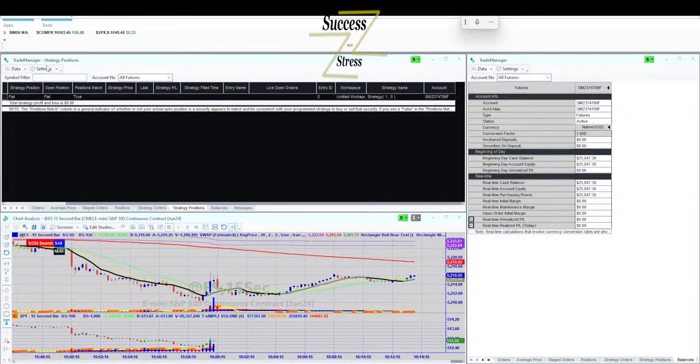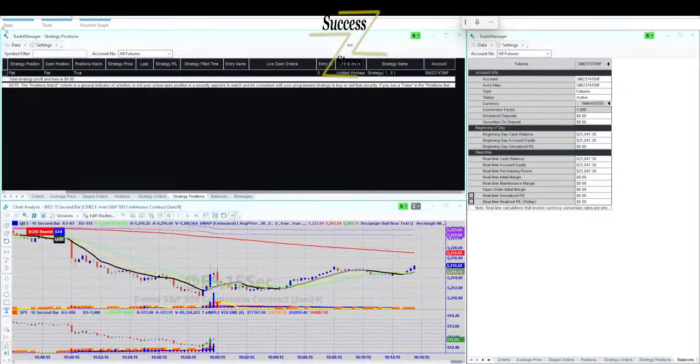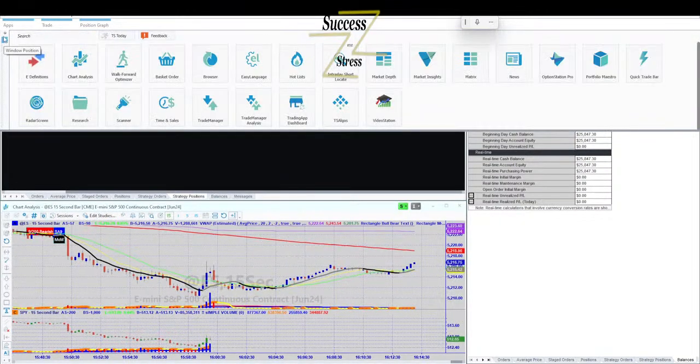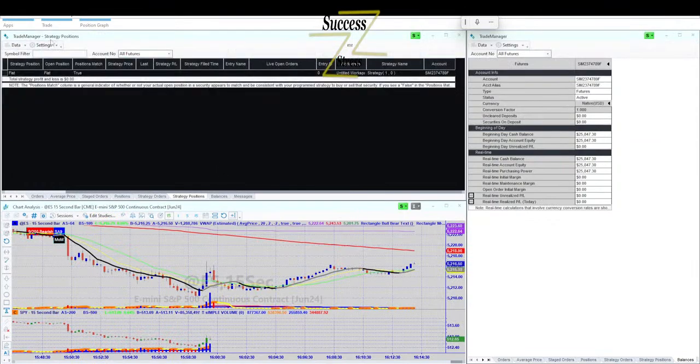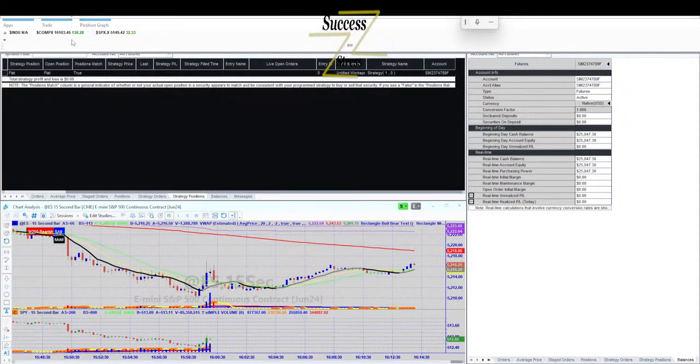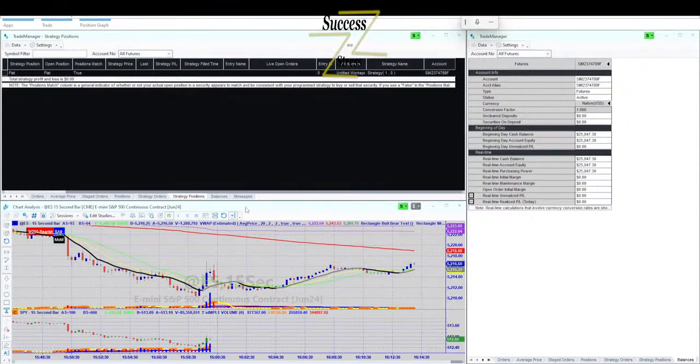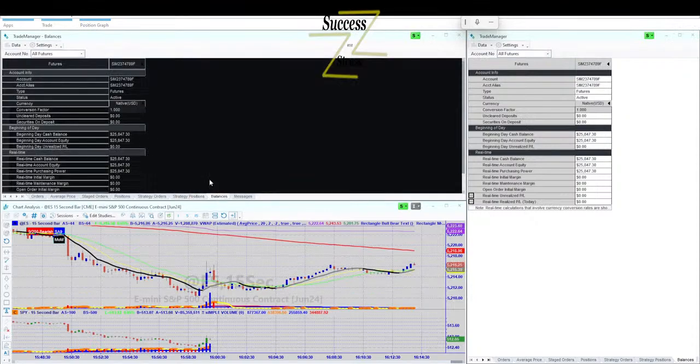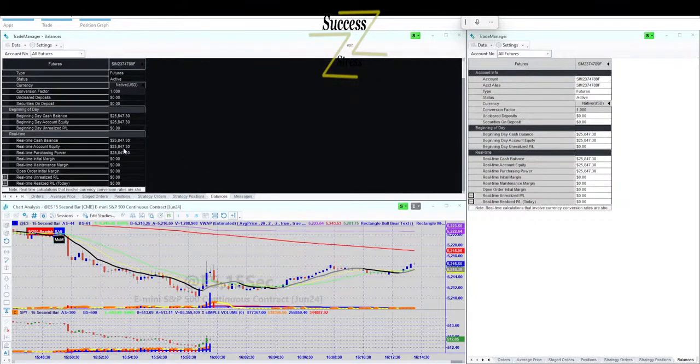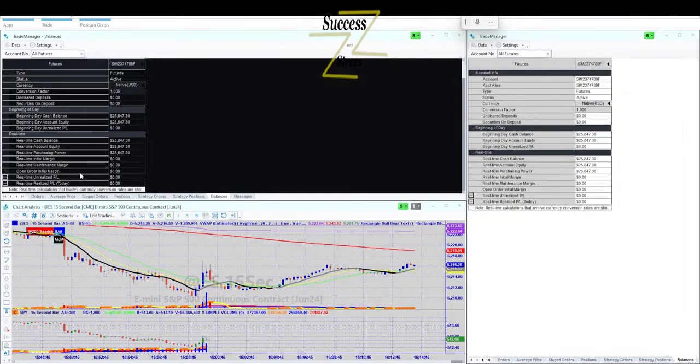Says we're flat, all right? Go up here. This would also tell us if we have any positions on the position graph. It's flat also, so we're not in a position. When we go here, we'll go to real-time unrealized P&L or realized P&L, not in anything there.